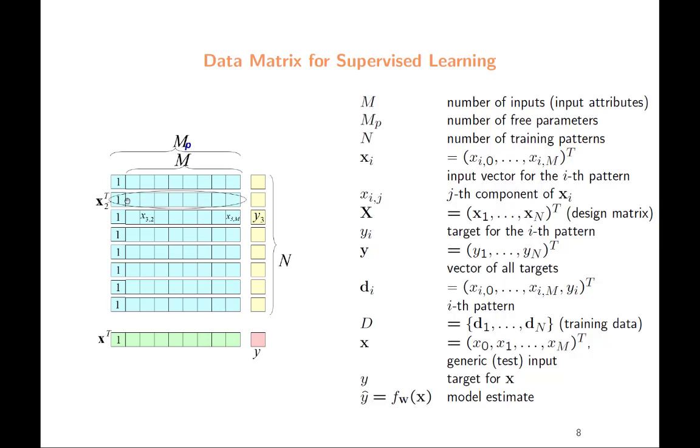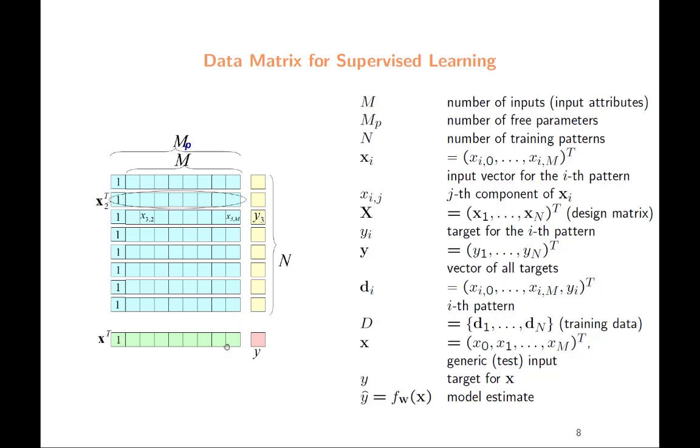So a data input is a row here, so we see what we denote by x2 transpose, this vector over here. This would be the element in the third row and second column, and the last one is then x sub 3 comma m. And here on the right side we see what was measured for this input, the y3 in this case.